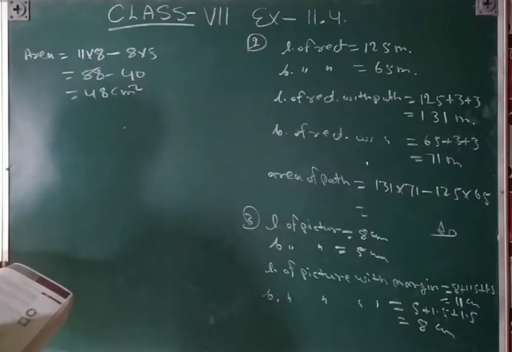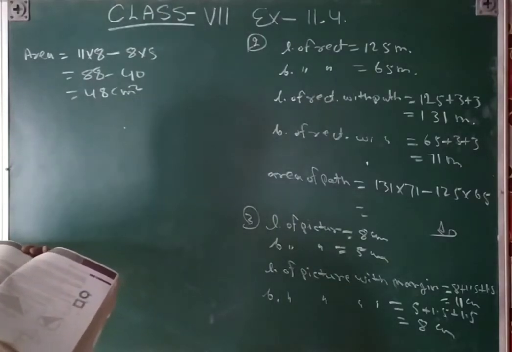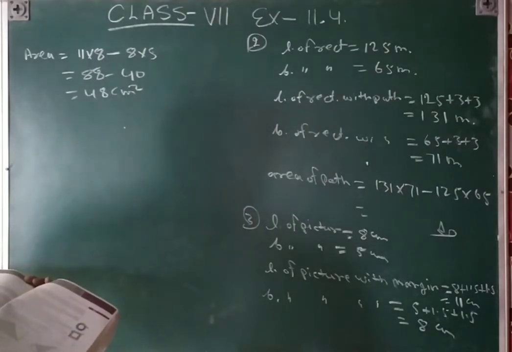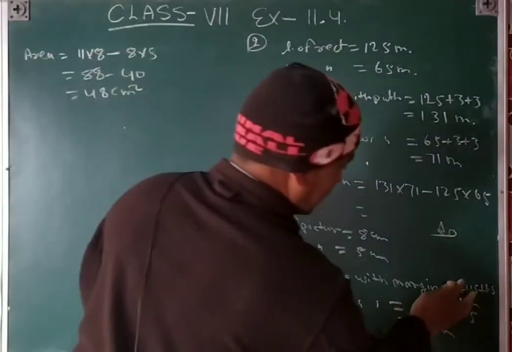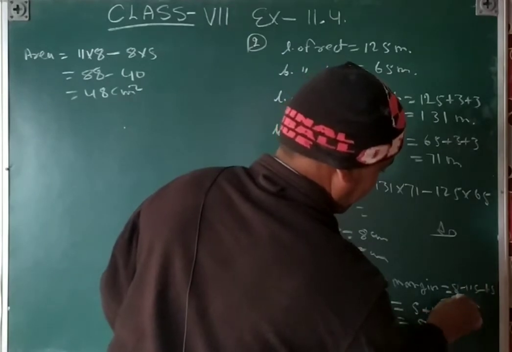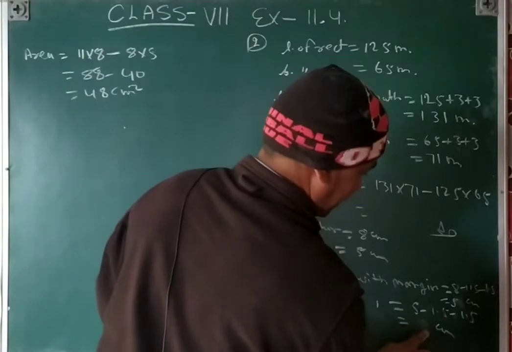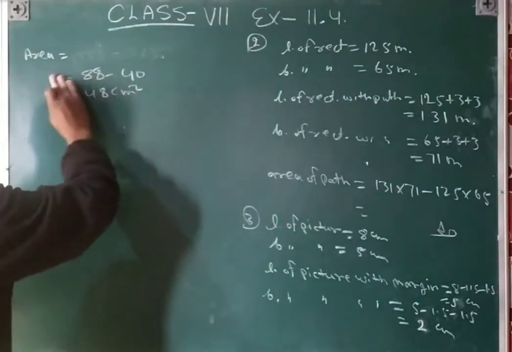That margin is given here for 30. A picture is painted on a cardboard 8 centimeter long and 5 centimeter wide. So here it will be minus, sorry, 8 minus, and 5 also minus, so that will be 2. So here will also change.